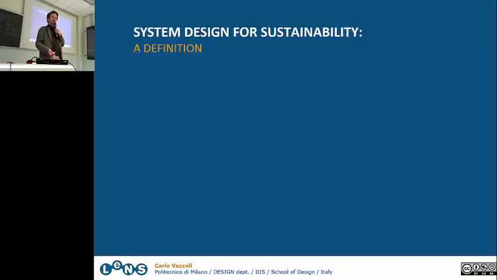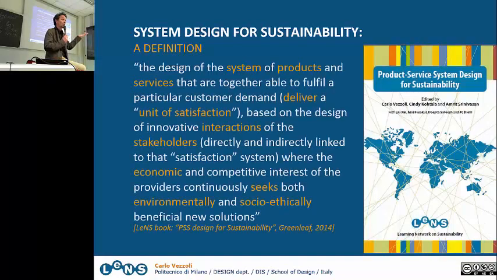And now we start from a definition, but this definition comes straight away from what I said before, from the definition of the business model of sustainable product service system. So the definition would be to design what?